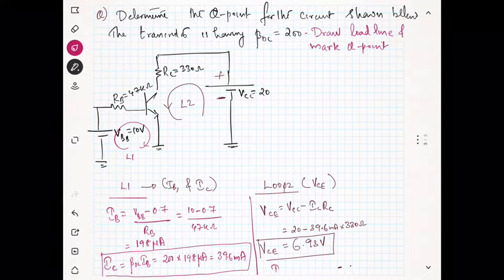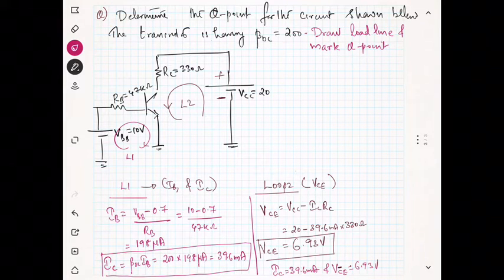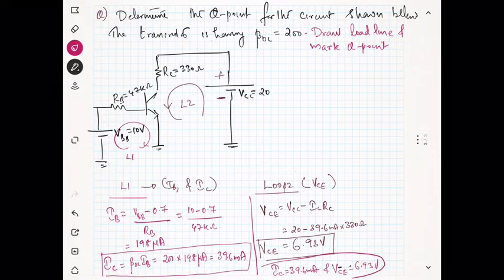IC is equal to 39.6 milliampere and VCE is equal to 6.93 volt. This is actually our Q point, because this is your actual current and voltage across the transistor. For the transistor, we will call it the Q point, because your transistor is operating with this voltage.